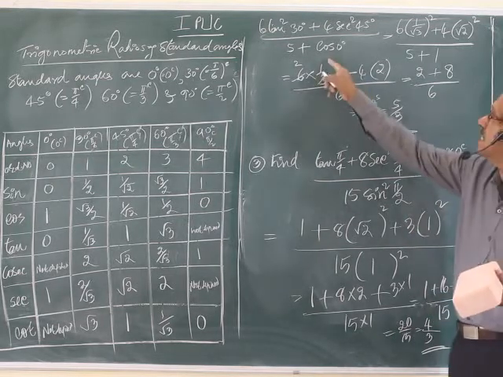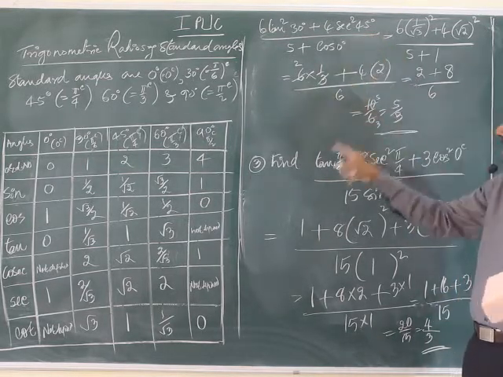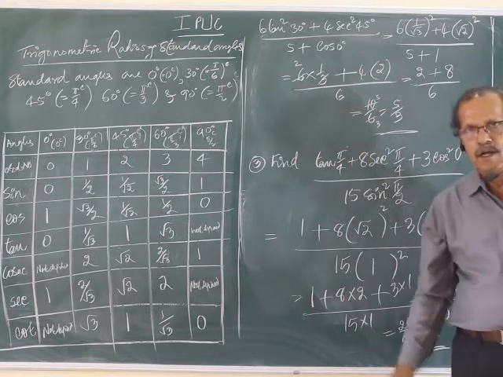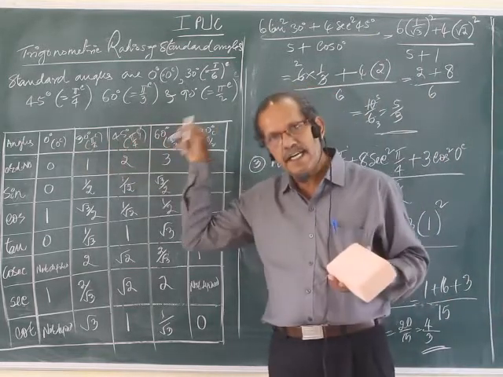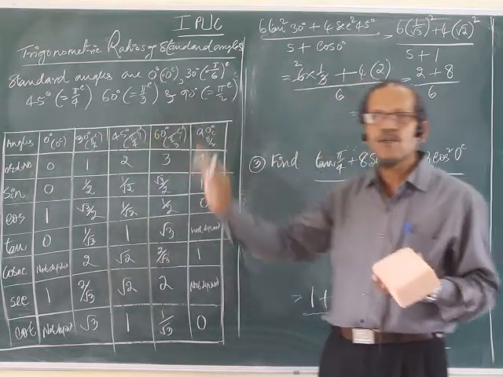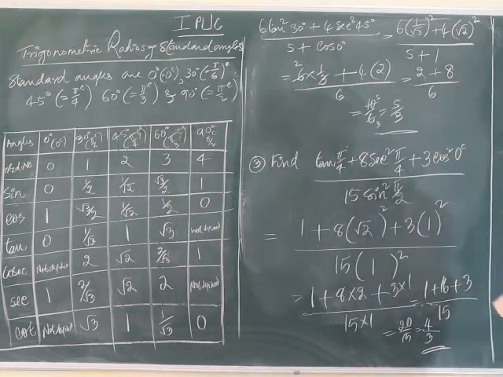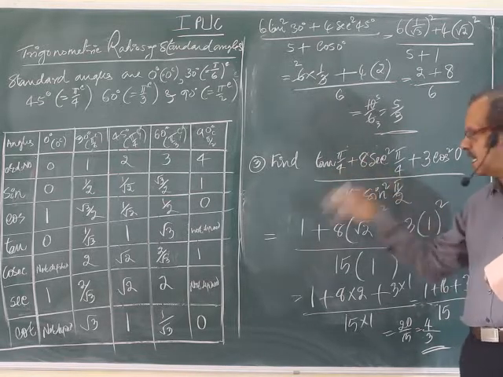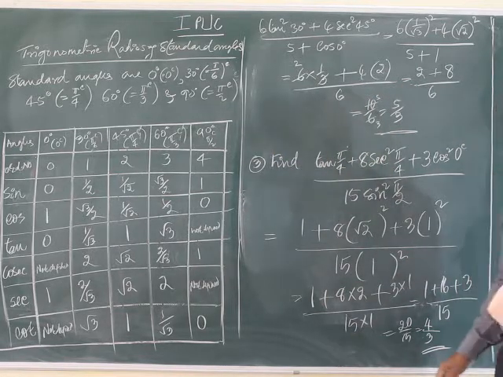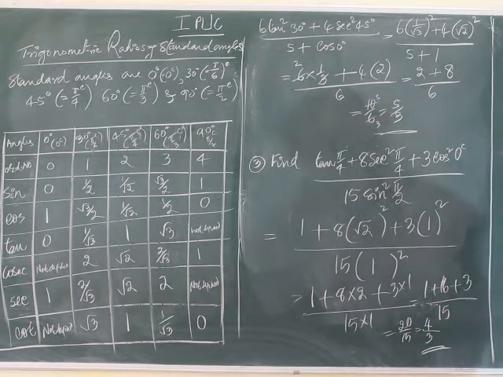Only the change is, instead of in degree, it is in radian, that's all. But whatever may be the given angle, either in degree or in radian, you know how to enter the values. If you have any complication, first convert this one into degree, then find the values. That can also be done.